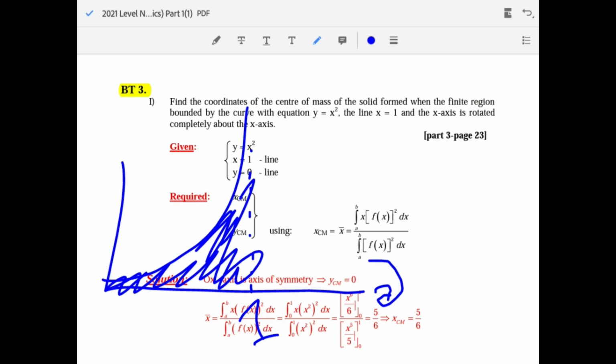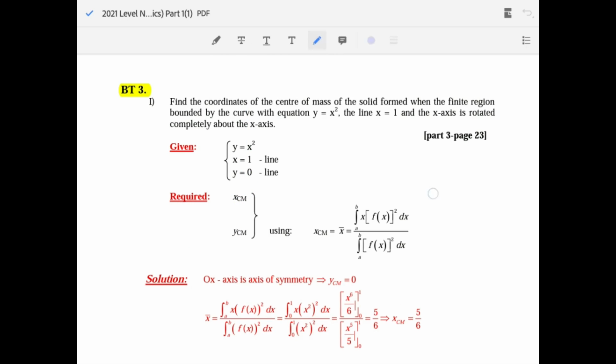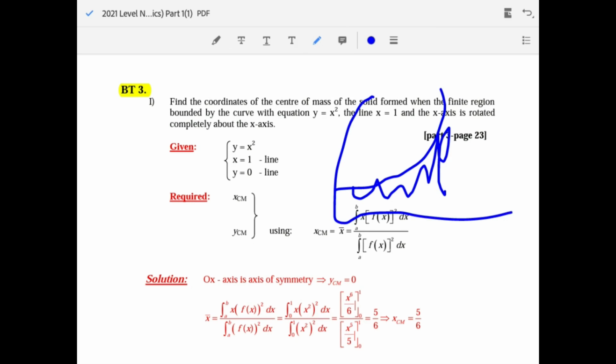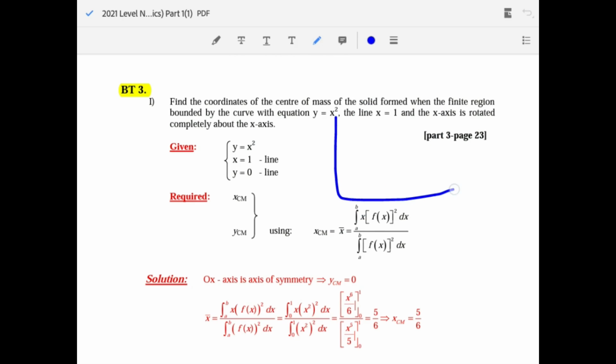So here again you have another formula noted down here. So what are the boundaries? From what we drew, it was from 0 over here to 1. That's a bad drawing. So here it was from 0 to 1.